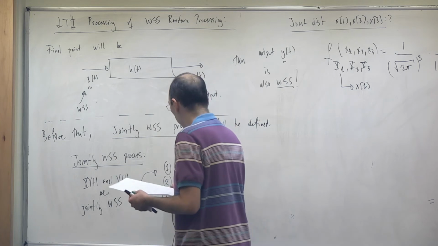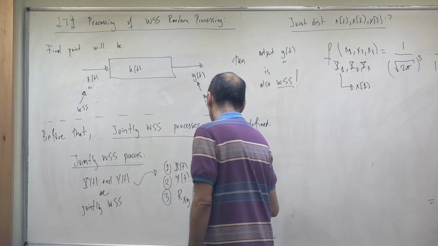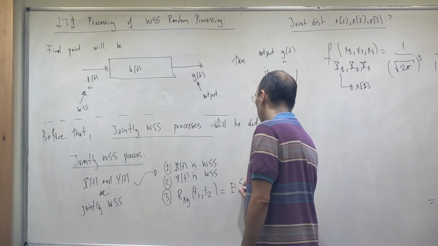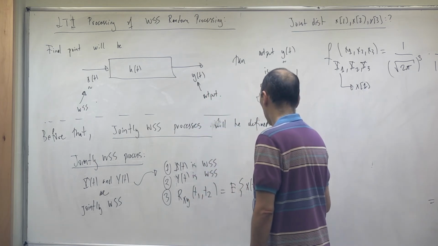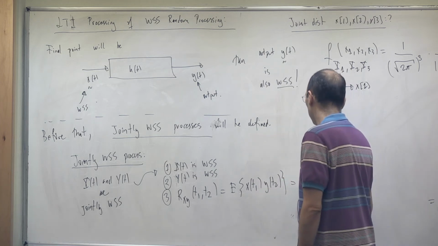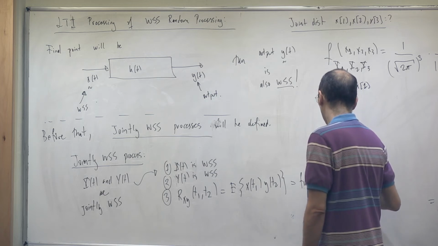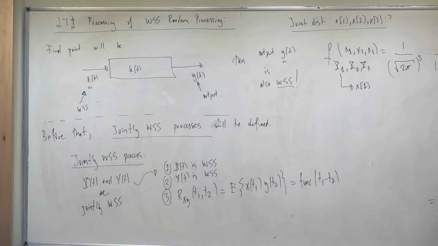And number three, this is something new. Rxy of t1, t2, which is the expected value of x of t1 times y of t2, is a function of, again, as we have said before, time lags or time differences.